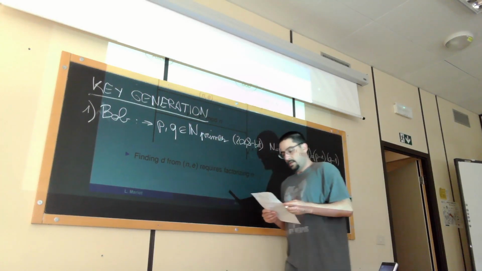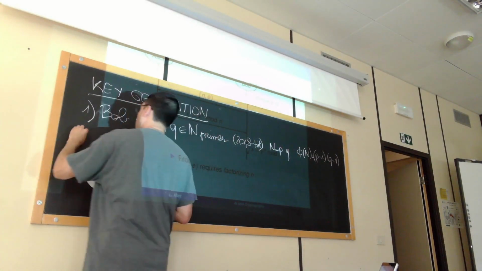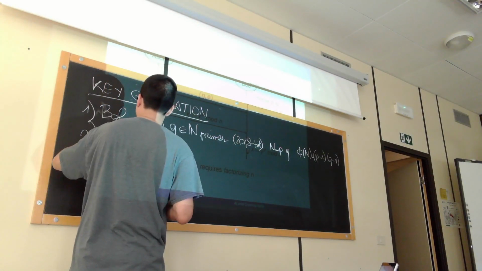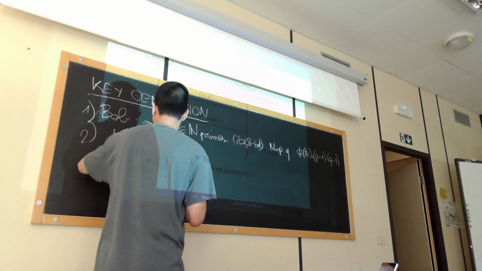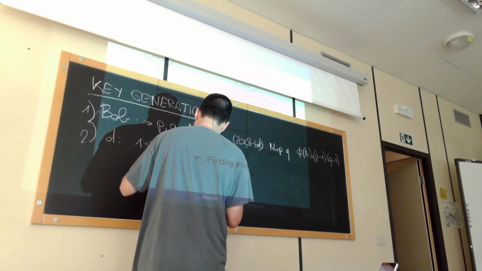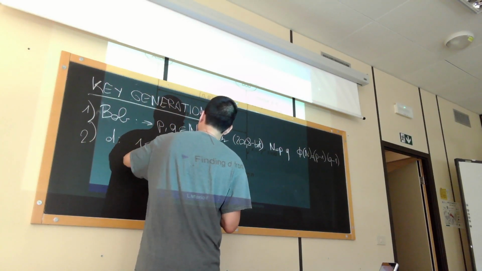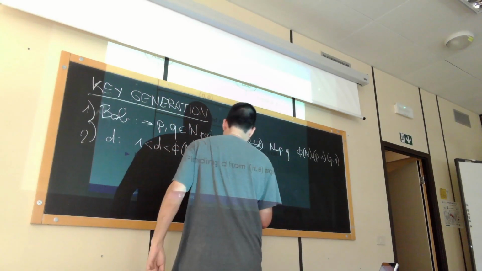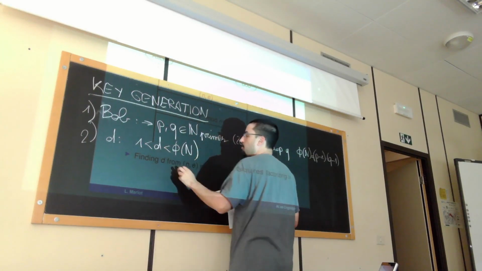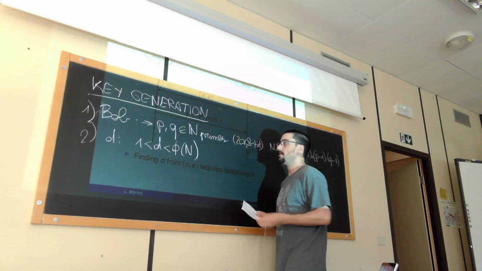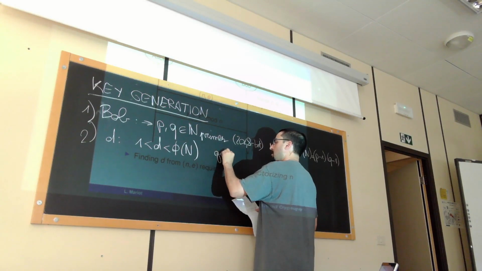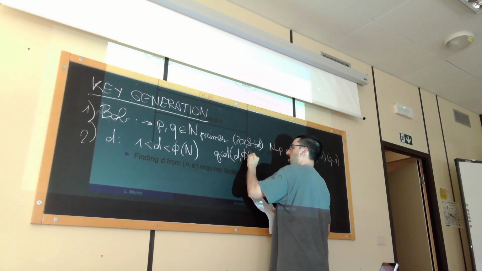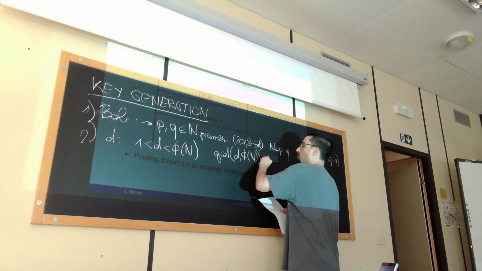Then he selects a random decryption exponent d, such that d is between 1 and phi of n, and d is also coprime with phi of n. It means that the greatest common divisor of d and phi of n is equal to 1.